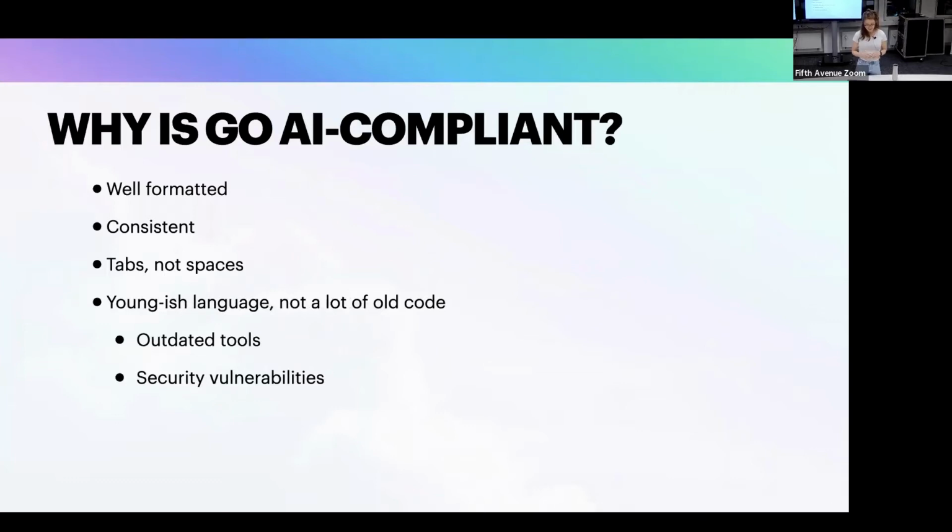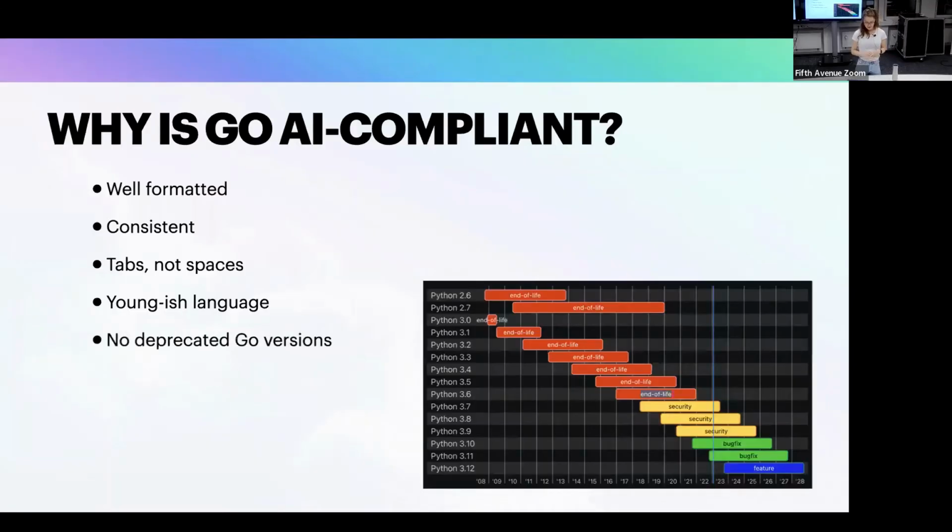It's youngish data with not a lot of old code, which means that it's not going to hallucinate importing tools that no longer exist or are no longer in use, and it will also not be taught on old security practices that no longer are a thing. No deprecated Go versions. It will not try to create code that is not supported and is not okay.